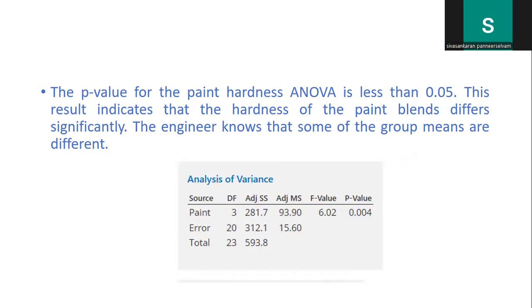So the engineer knows that some of the group means are different. Here the calculated F value is 6.02, whereas the P value is 0.004, which is a highly significant difference. So the source of variation is between various samples of paint having different measures of hardness. This clearly shows that the hardness ranges across different levels.